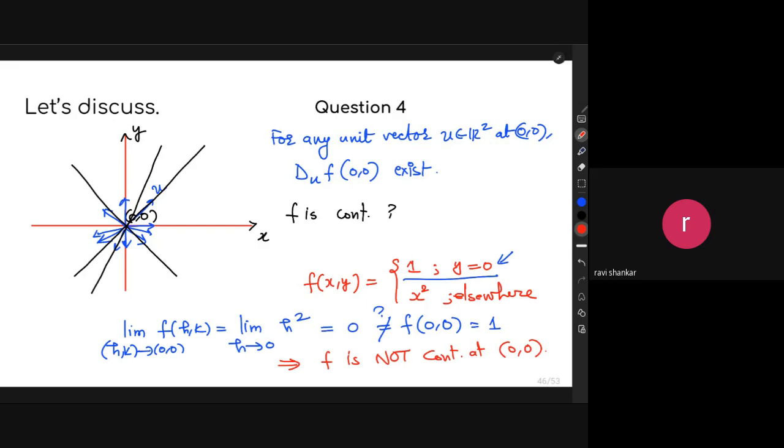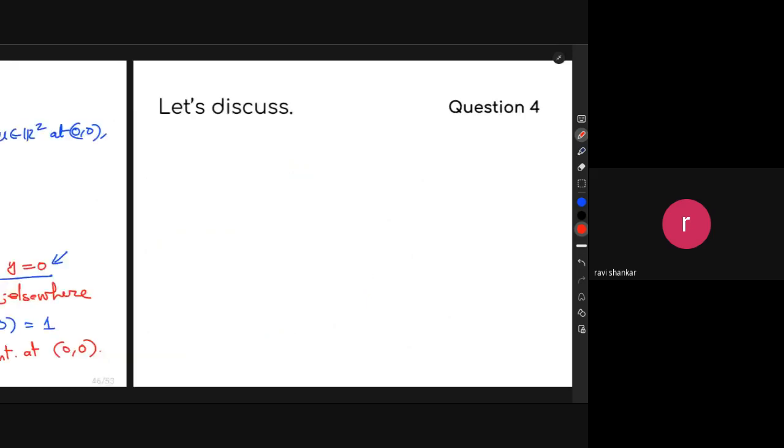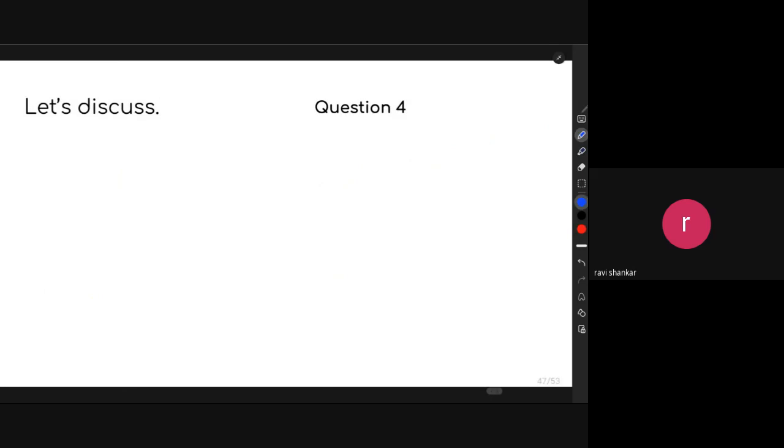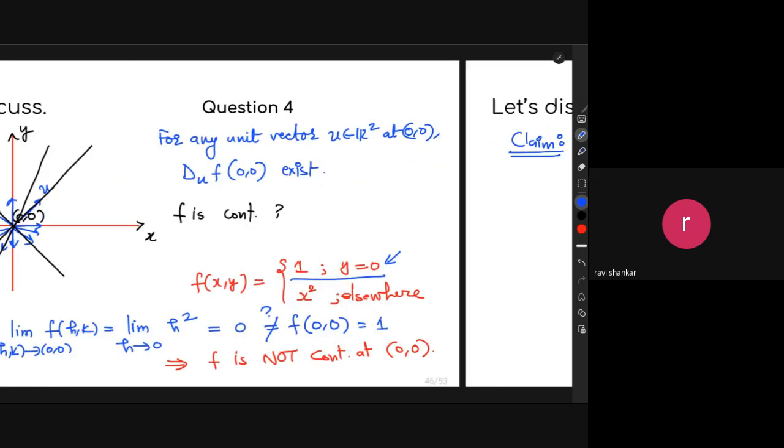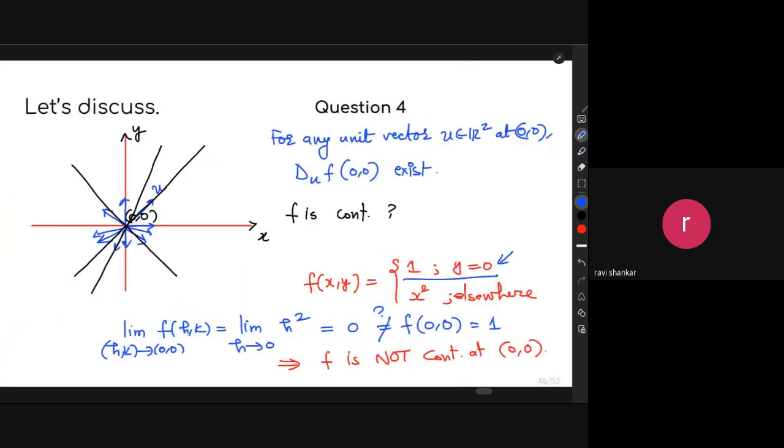So I am starting with an example which is not continuous at the origin. Now my next claim is for every direction.